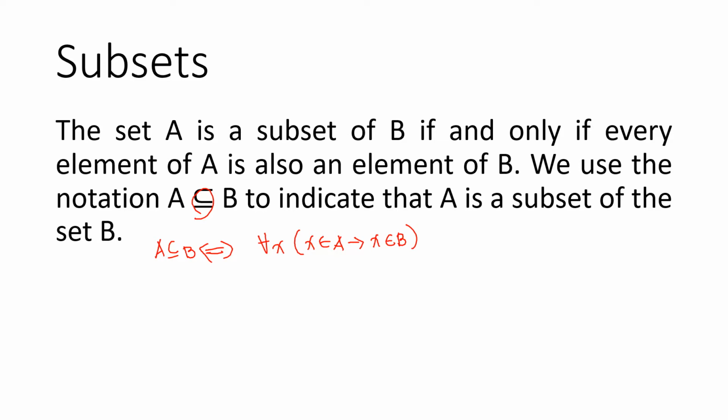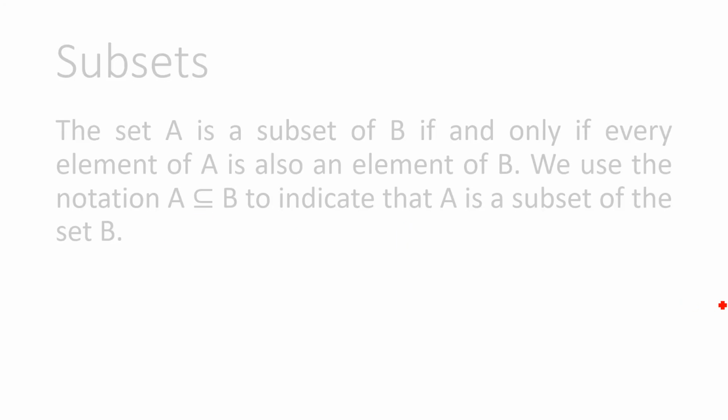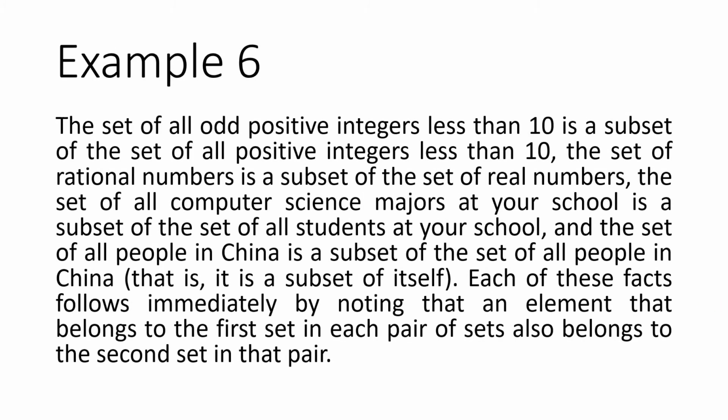When we are going to show that A is not a subset of B, A is not a subset of B if there is even a single x that is an element of A such that x is not an element of B. Okay, so let's have this one. The set of all odd positive integers less than 10 is a subset of the set of all positive integers less than 10.